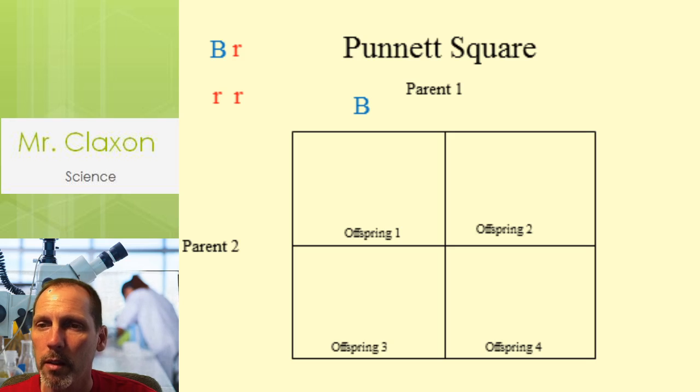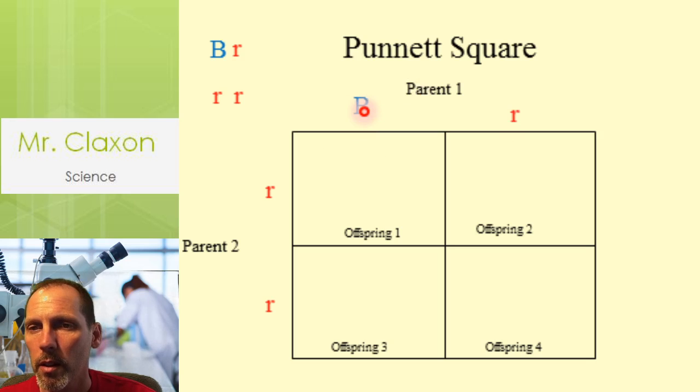We'll put capital B and a lowercase r there to represent parent one. We're going to take parent two and put those down here on the side. So that's how you set this up. Sometimes people mess up and they'll put two letters above one box. Well, you got to space those out.